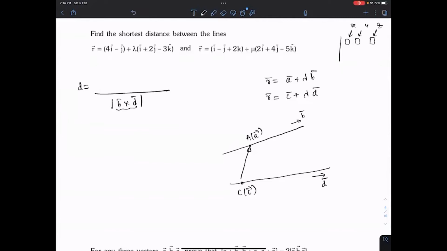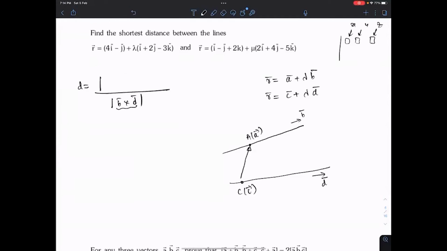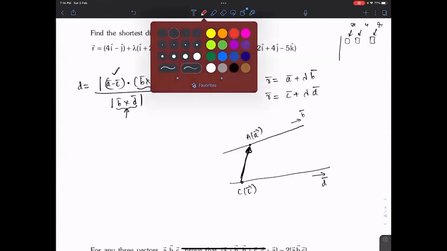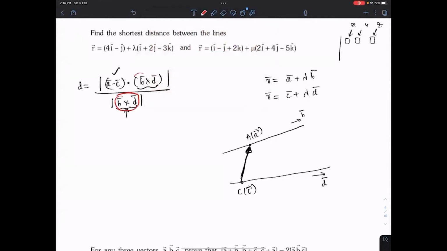Yes or not? After that, the numerator will be simply a bar minus c bar, and you do the dot product with b bar cross d bar. That's all. What is a bar minus c bar? Subtraction of 2 points on these lines, any 2 random points. B bar cross d bar you will calculate for the denominator anyway. So once you calculate this, you do the dot product.